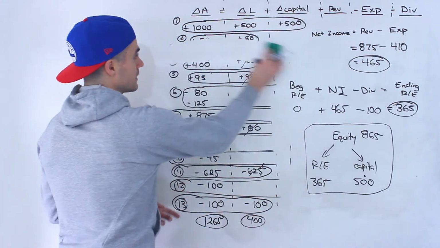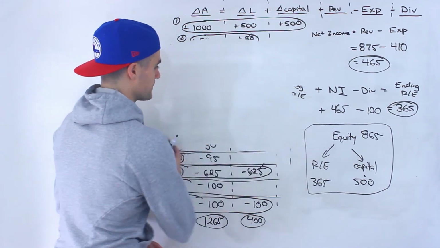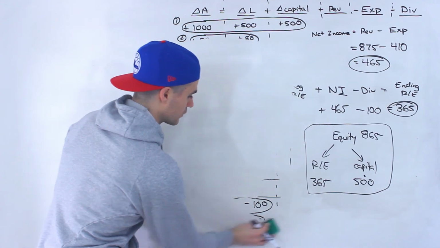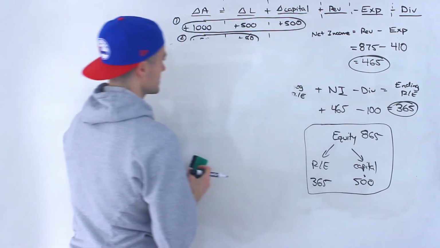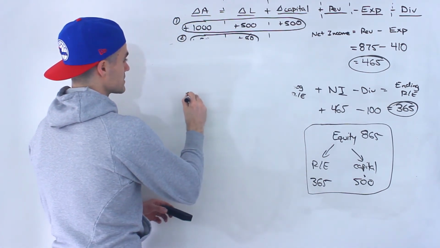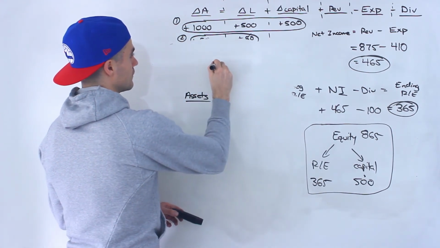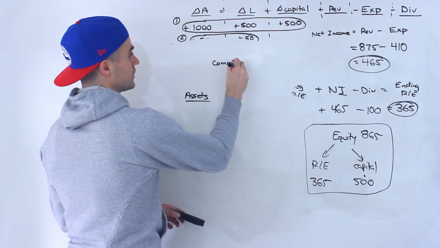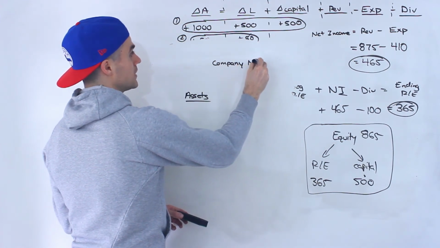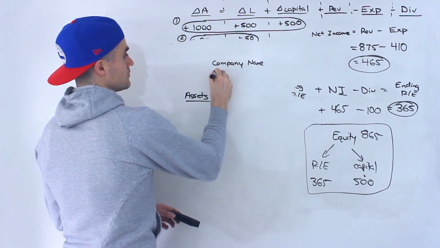So if we did make a nice balance sheet, a nice format, like a vertical type of format, basically what we would end up with is assets. First off, proper title. So you'd have the company name, whatever the company name is. This would be a balance sheet.